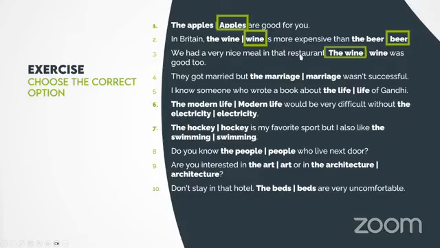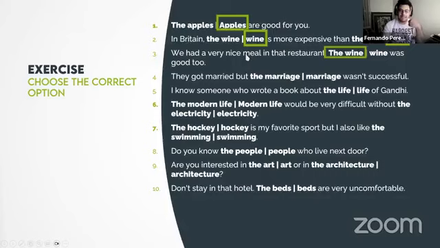The word is specific because we are talking about that restaurant. I understand, specific from the restaurant where we had the nice meal. Okay.